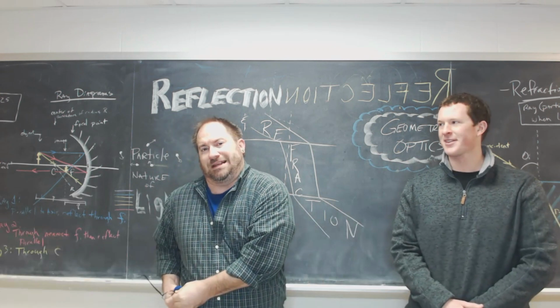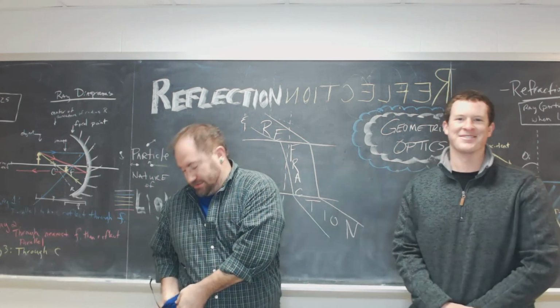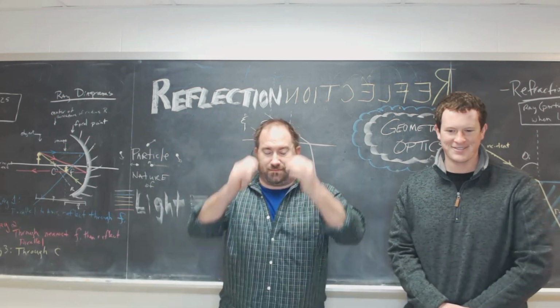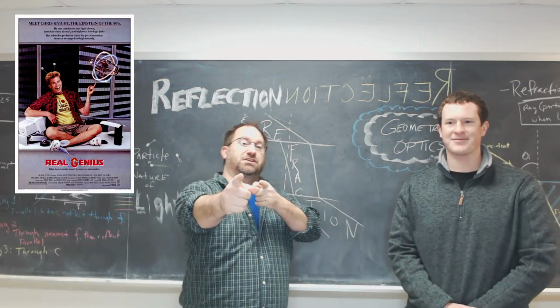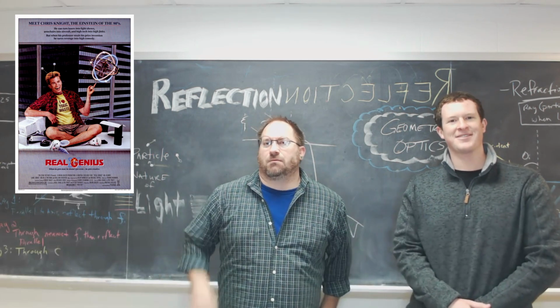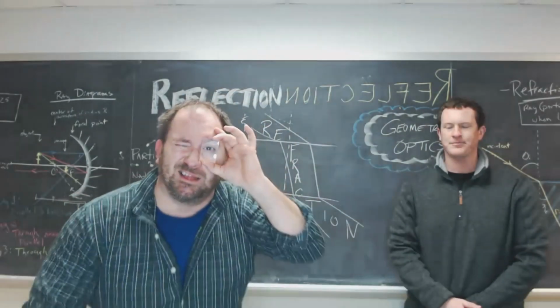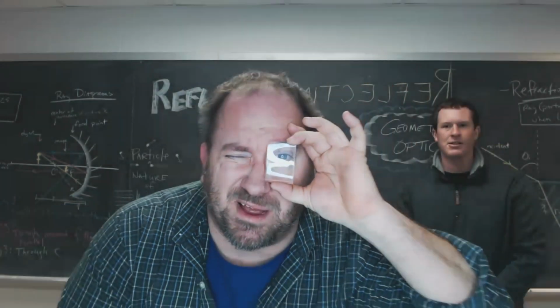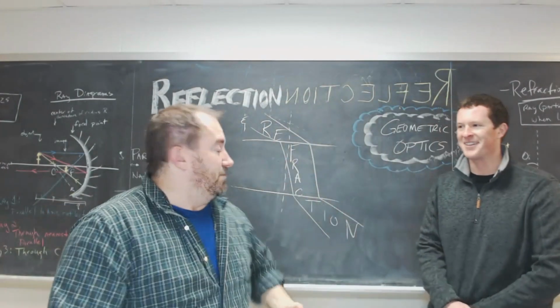I'm taking a video of me cleaning my glasses, lenses. Always check your optics. That is from Real Genius. Val Kilmer, great movie, 1984. Big popcorn scene. Check it out. Do this differently. Have my eye closed. Had actually my eye open. I should probably not talk while I'm doing this.